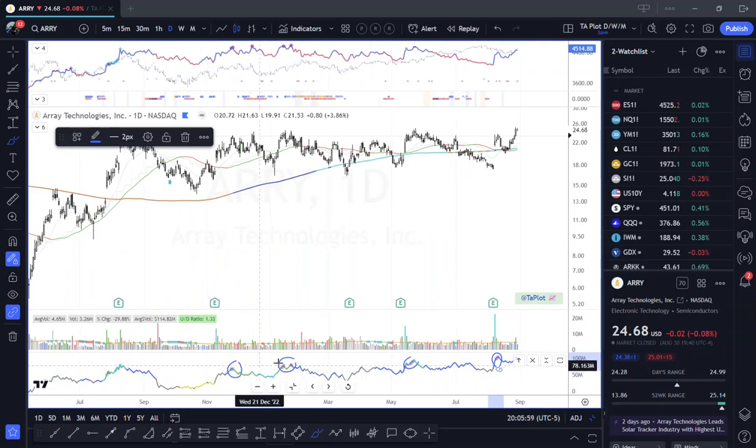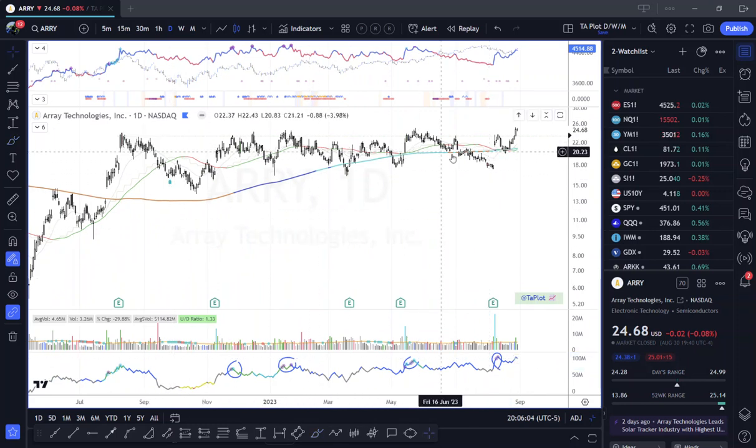So it's making new high after new high after new high while the price is going sideways. What does that mean? Institutions are accumulating inside the base. Most likely, there's nothing certain, but that's a good indication.